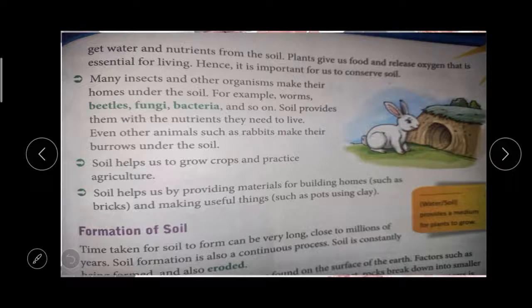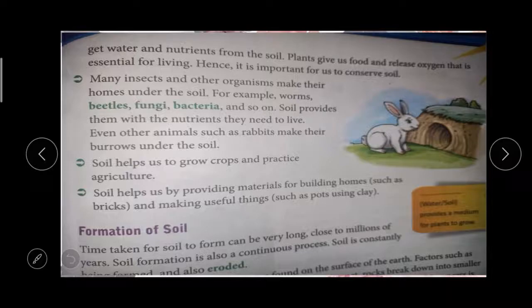Soil contains so many types of nutrients, so from the soil they get the nutrients for their living. Some animals like rabbits, snakes, and ostriches, even some pigs, dig the ground and burrow, and they live inside the soil. Then soil helps us to grow crops and in agriculture.